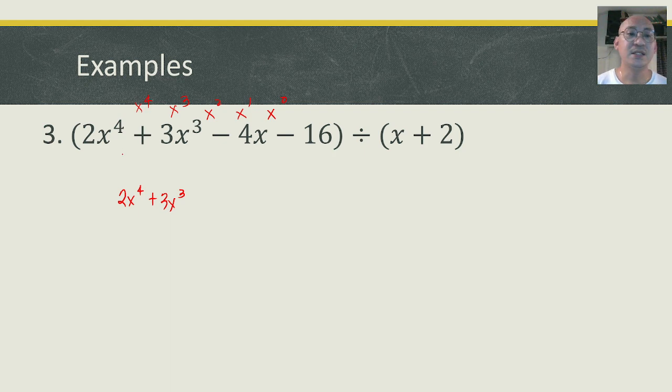For that polynomial to be a complete term polynomial. Okay? Since we do not have x squared, we are to add a 0x squared term for it to be complete. Take note of that. If there's a missing term, we need to add a 0 term for it to be complete.